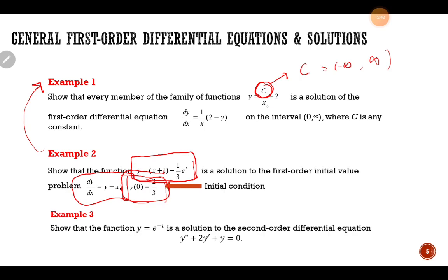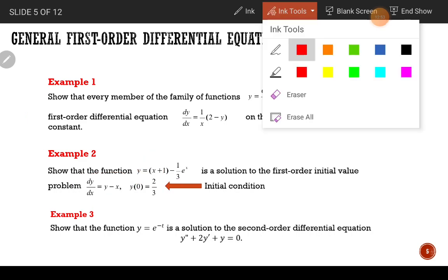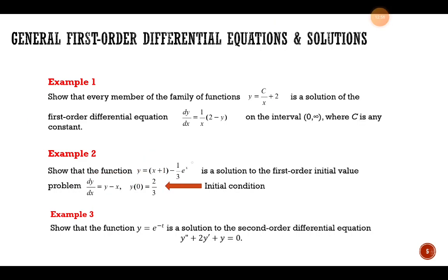Tapi untuk example 2 ni nampak dalam solution kita in our y there is no c. Okay, dia tak ada c. Maknanya kat sini this is no more a general solution, tapi dia ni adalah solution to the first order initial value problem. Initial value problem ni dah diberi dia punya initial value.